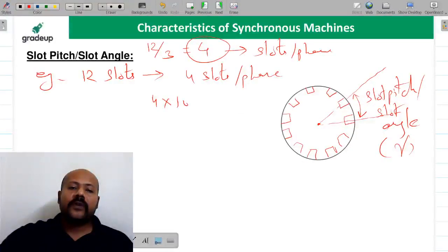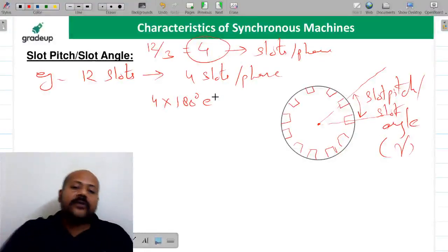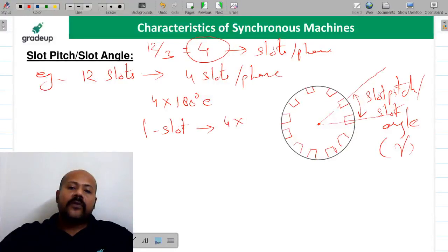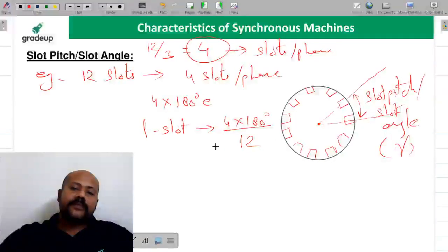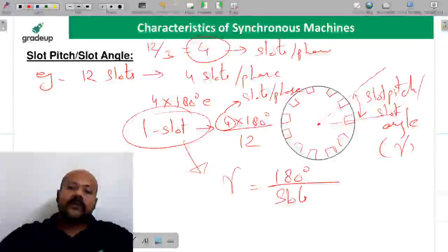You are going to have 4 into 180 degrees electrical, because from one pole to another pole you are going 180 degrees. So for one slot, beta is going to be 4 into 180 degrees upon 12. What is this 12? Number of slots. And this 4 is the number of slots per pole per phase. So you can define this slot angle gamma as 180 degrees divided by the number of slots per pole per phase.